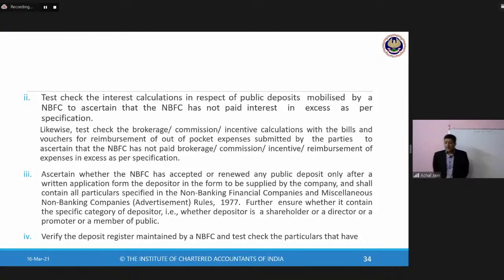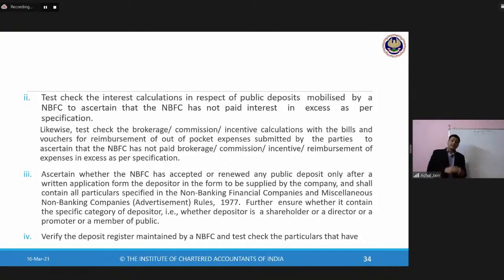So generally, for these types of audits, the auditor will have to get into a detailed understanding of the IT environment of the NBFC. A lot of reports and a lot of data will have to be pulled out by the auditor for the purposes of his checking. And as we have discussed, the auditor cannot check everything 100%.